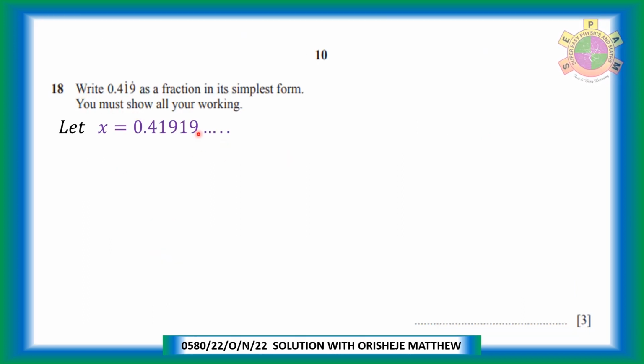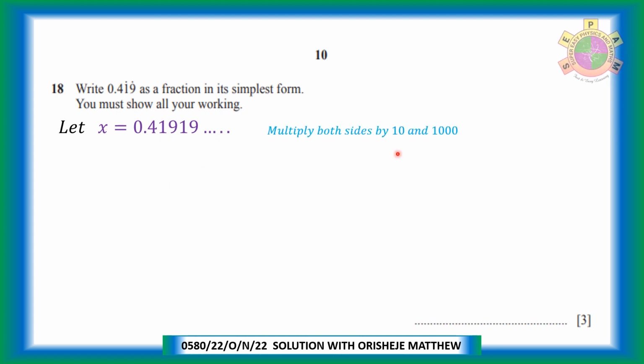Question 18 has to do with: write 0.419191919, that is this decimal, as a fraction in the simplest form. So you say let s equal to this value.